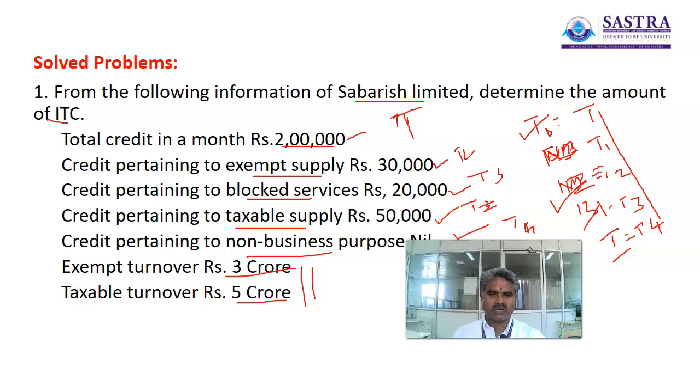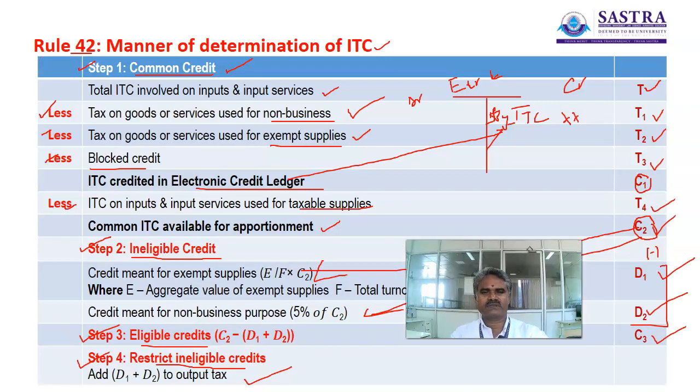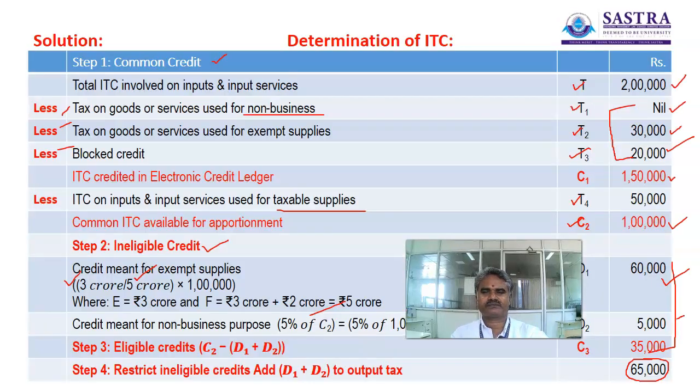Goods for non-business, personal use, they have to calculate D2, because 5% directly on C2. This is what we discussed so far. Total ITC involved on input services.